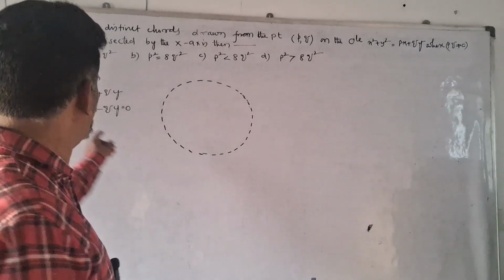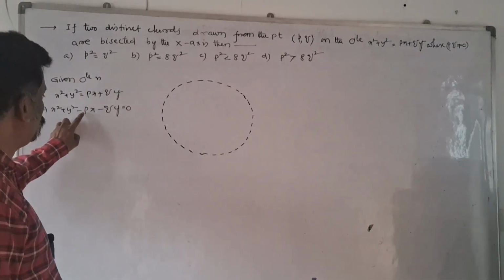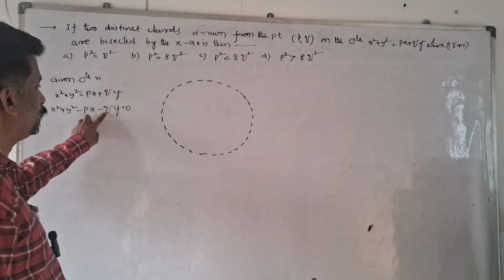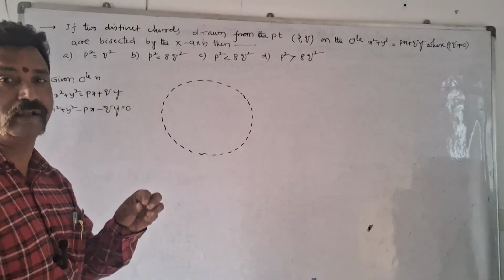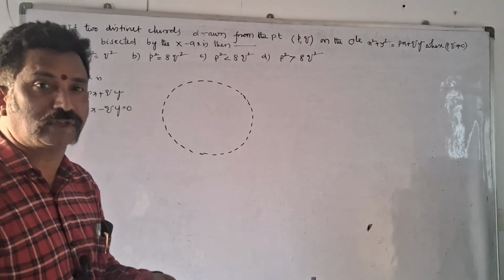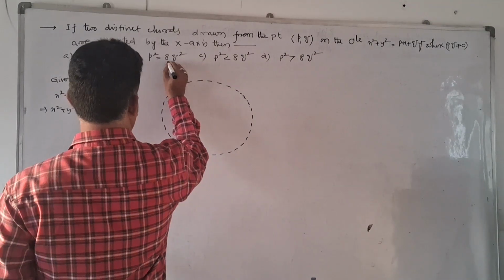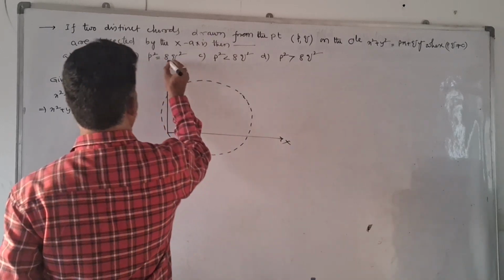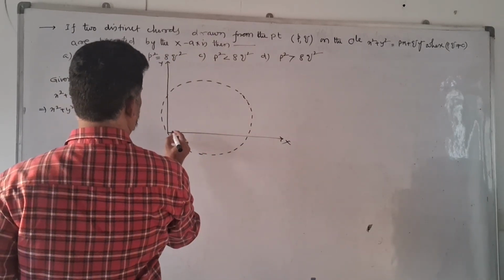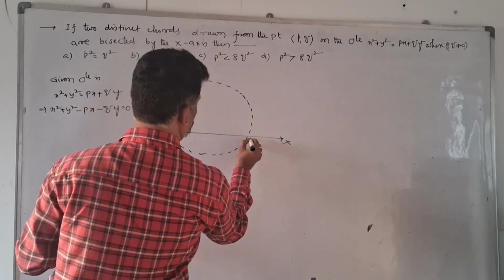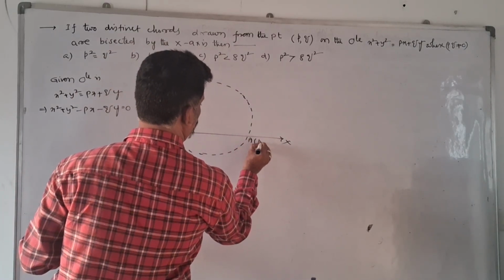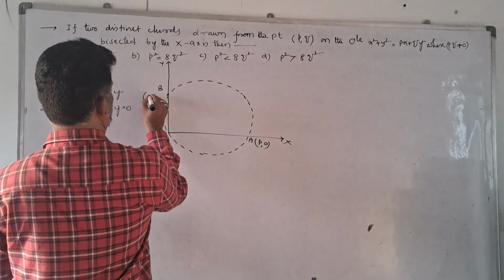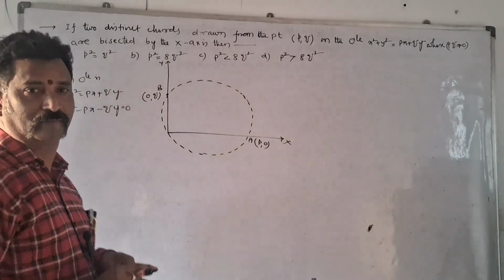What is the conclusion? Look at this: x square plus y square minus ax minus by equal to 0. The x-intercept is p and the y-intercept is q. This equation does not contain a constant, so indirectly it is passing through the origin. This one is the x-axis and this one is the y-axis. The x-intercept point is (p, 0), and the y-intercept point is (0, q).